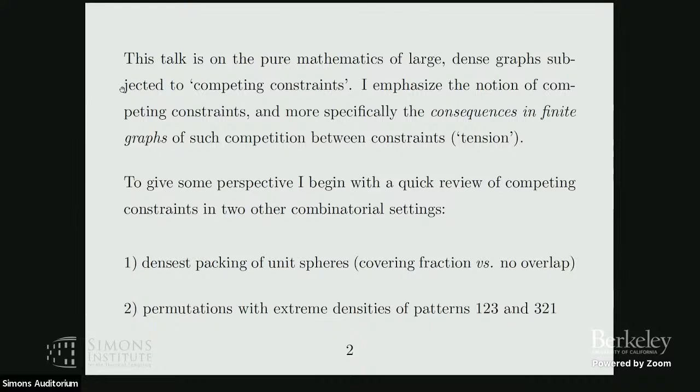That is, that the spheres centered at those points cover 40% of the volume, something like that, fixed. And a different constraint might be that the spheres cannot overlap. So it's a separate constraint. The two together obviously compete. For example, you cannot have covering fraction 1, right?